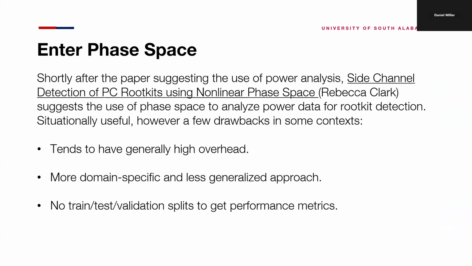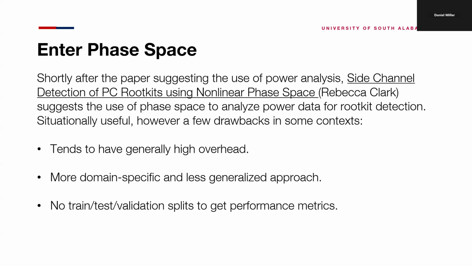So once we have the power analysis and we know that there is a way to detect rootkits just by looking at the power draw, the sequences of voltages drawn by the computer, we still have work to do along the lines of how do we do that and how do we analyze it? Phase space is a very popular topic here itself, but I will go over what it is if you're not familiar with it.